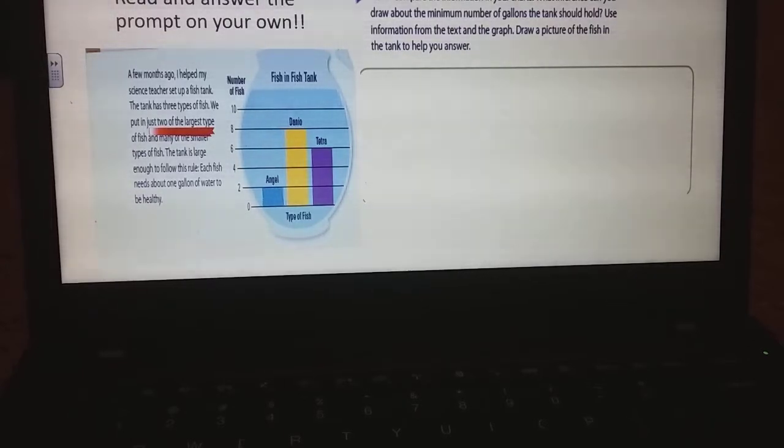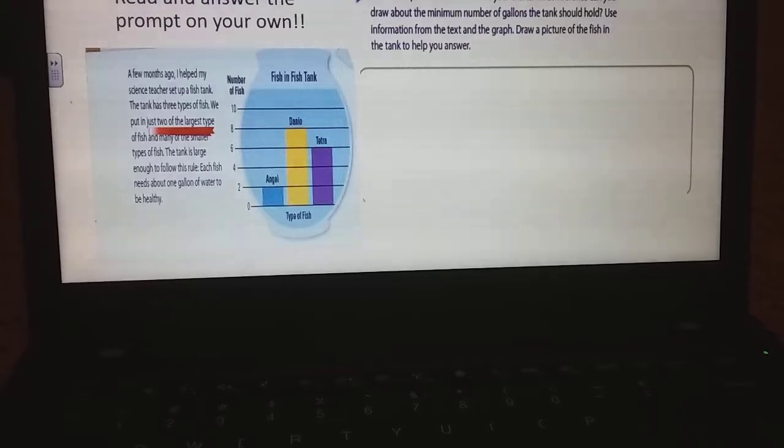So if you add 10 to that 6, it should give you a total of 16 fish, right? Now, the text did give us some specific information about the 2 largest type of fish, which are our angelfish, because this is the only thing on the graph that has a quantity of 2.